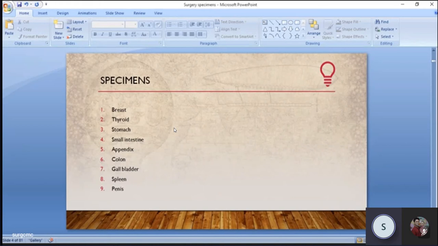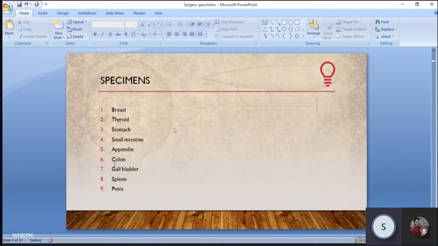So what are the specimens we have? Like breast; in breast, we usually give CA breast. Thyroid, it's usually a multinodular goiter or goiter or malignancy. In the stomach, usually there is an ulceroproliferative growth or ulcer, which can be benign or malignant. Later we will discuss. In small intestine, specifically intussusception and Meckel's diverticulum, or any growth.